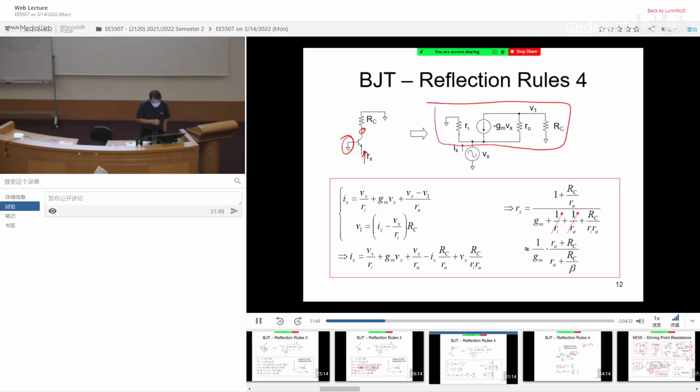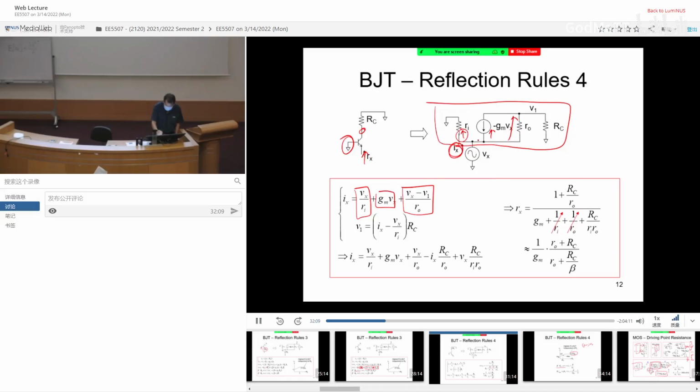So let's derive. What is Ix? Ix is simply given by this current, and this current, and then this current. And what is V1? V1 is simply Ix subtracted by this current.